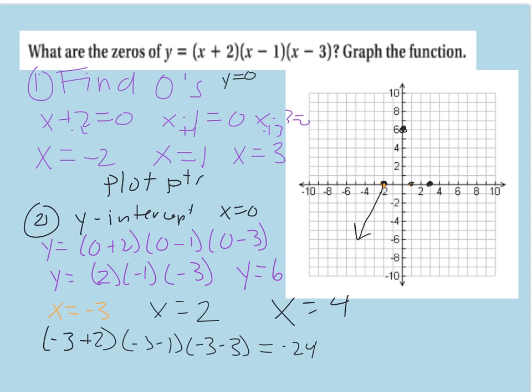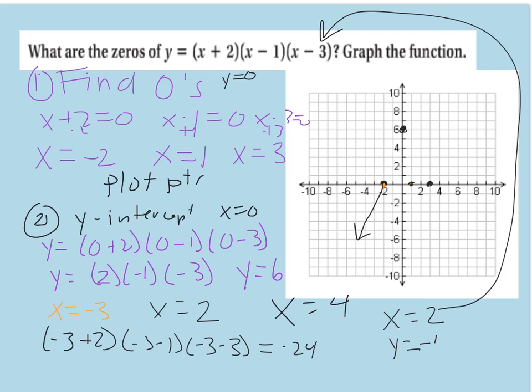Then I'm also going to evaluate when x is equal to 2. I put it back into my equation, and I would get y is equal to negative 4. And finally, if I evaluate when x is equal to 4, you plug this number into each x and evaluate, you would get that y is equal to 18.